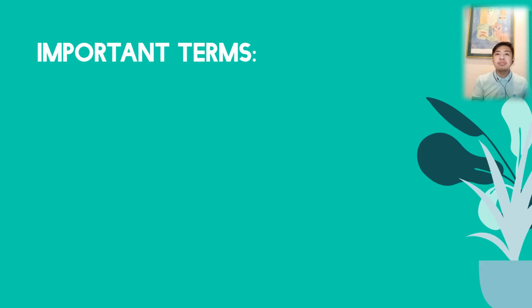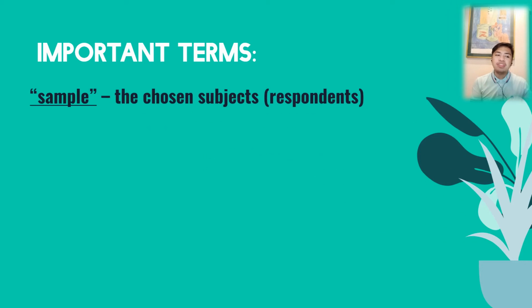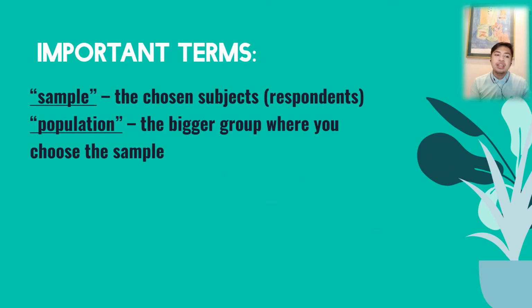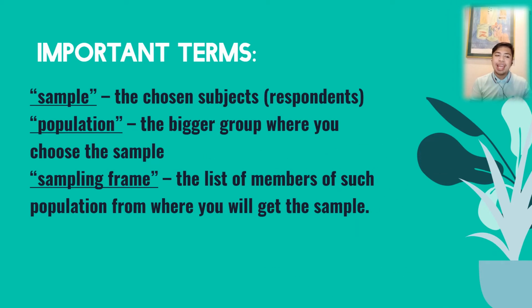Now, before we move further to that, I want you to remember some important terms when it comes to sampling techniques. We have here sample, population, and the sampling frame. So, how are these terms different? When we say sample, we are actually talking about the chosen subjects or your chosen respondents, selected respondents.